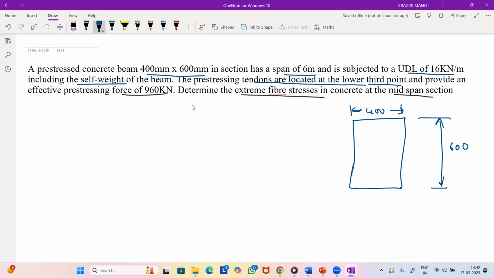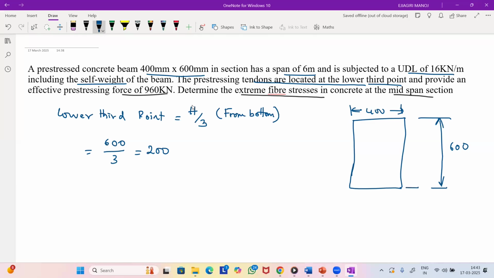So lower third point in the sense, lower third point means that is h by 3 of the section. So from the bottom, the tendon is located at h by 3. So that means h is 600 divided by 3. So it will be 200, right? So from bottom, the tendon is located at 200.